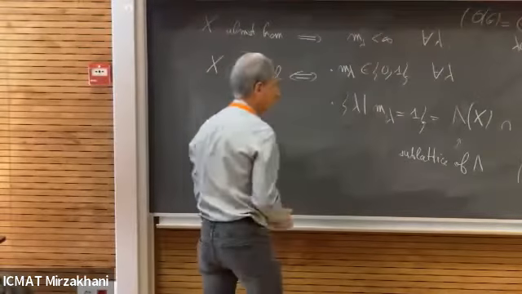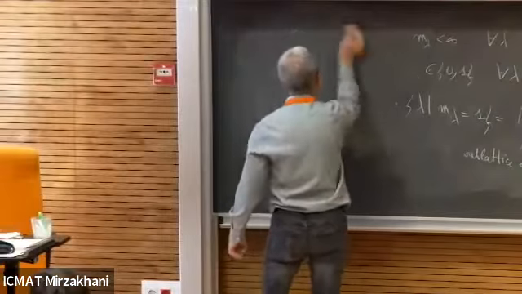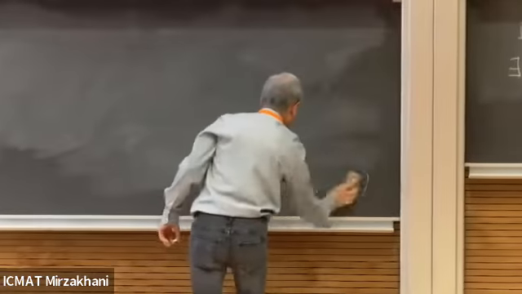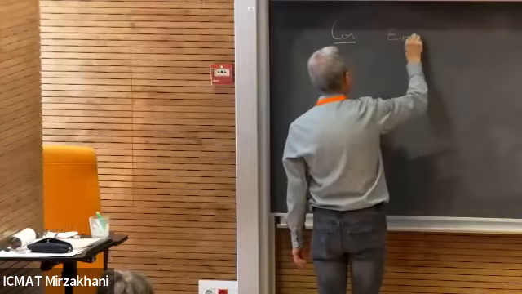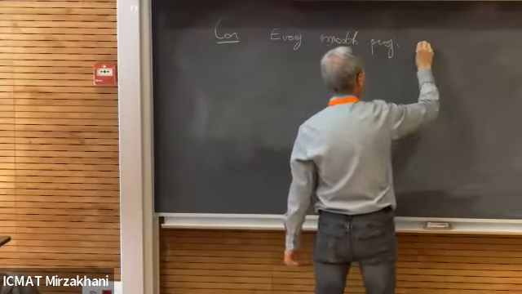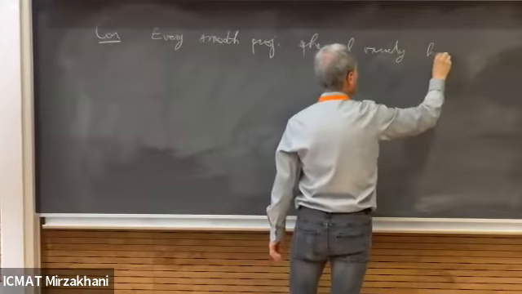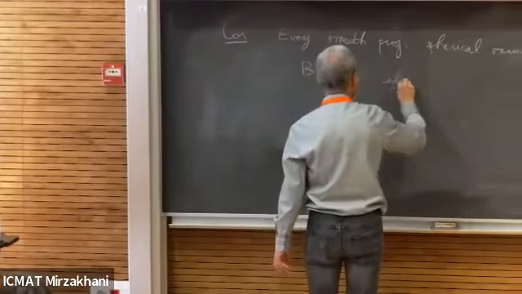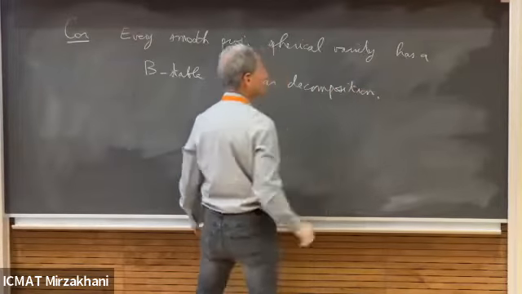Now, there are some further corollaries that I should mention finally. For a projective spherical variety, there is a B-stable cellular decomposition.